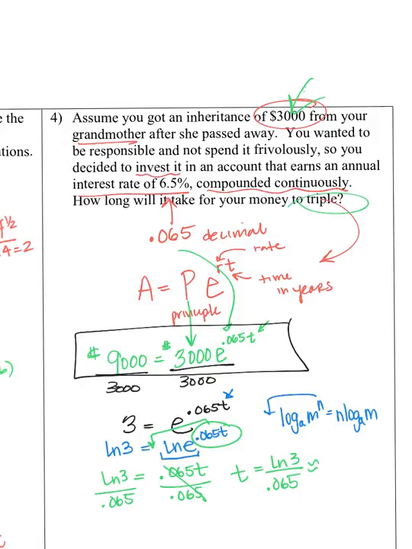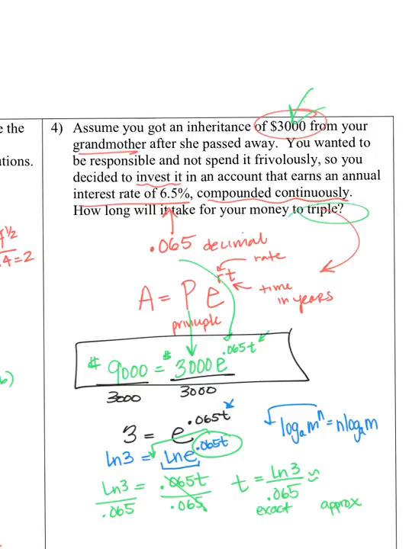So that's the exact value. If I really want to know how long it is, I need to find my calculator and put in the approximation. I just found my calculator, and this will be about 16.9 years.